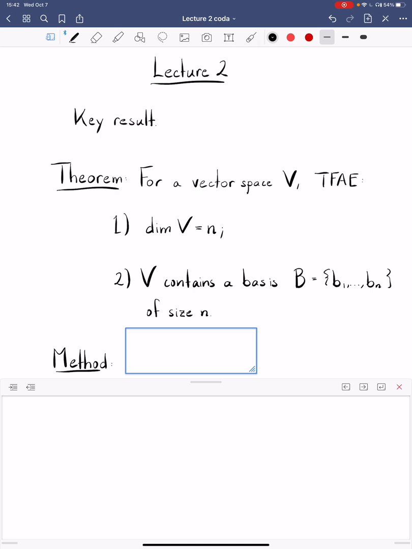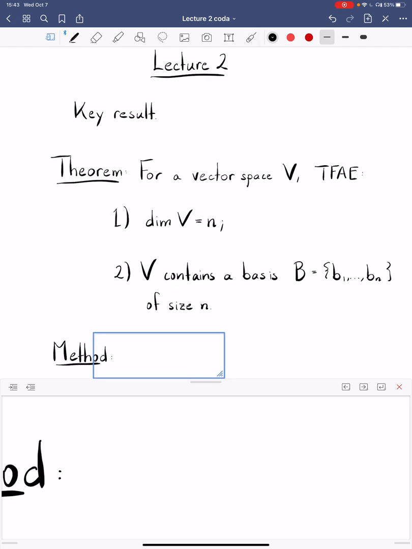Working from the definition, you have to show that it contains a linearly independent set of size n, and then you have to show that it doesn't contain a linearly independent set of size bigger than n. Property 2 takes away the effort for the second part of that check, and bundles it into this really hard lemma that's proved as lemma 1 in the lecture notes, and that you can now just use.